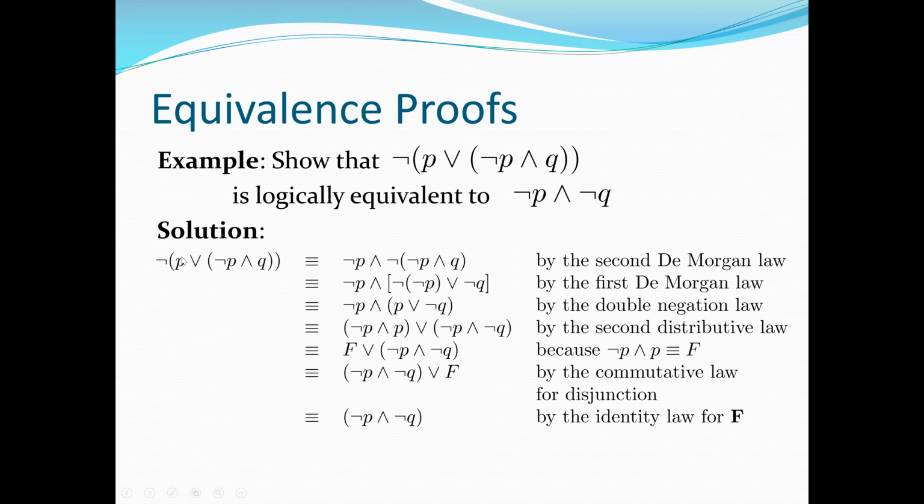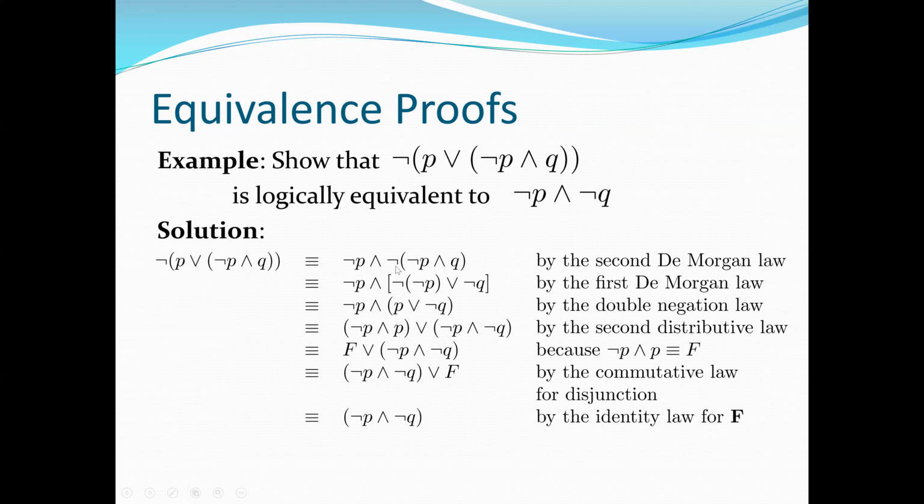So we use the second DeMorgan law, which means we invert everything: not P, this time OR becomes AND, then the negation of (not P and Q). And that's what we have here.